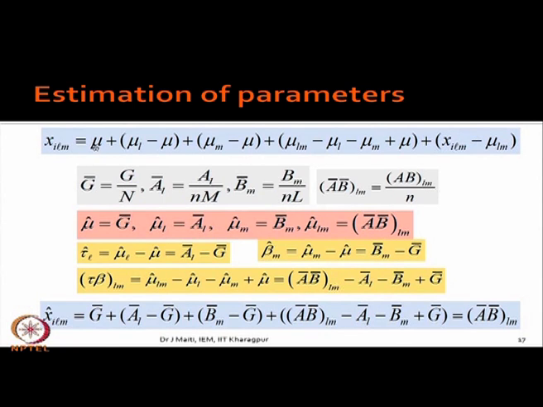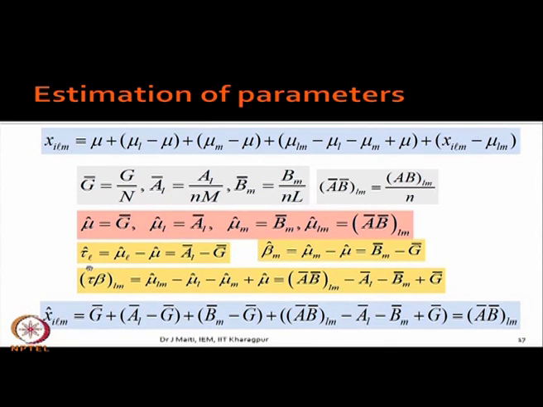So, this first one is grand mean, second one is A effect, third one is B effect, fourth one is AB, that is interaction effect, last one is error. So, this one we are writing in the same manner. So, grand mean G by N. Now, A effect, that is AL bar, AL by NM, BM bar, BM by capital NL, then AB bar LM, that is AB LM by small n, then mu is nothing but G bar, mu L is nothing but AL bar, mu M is nothing but BM bar, mu LM is nothing but AB LM bar.